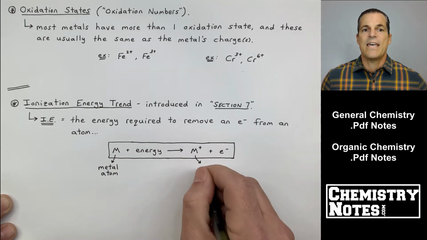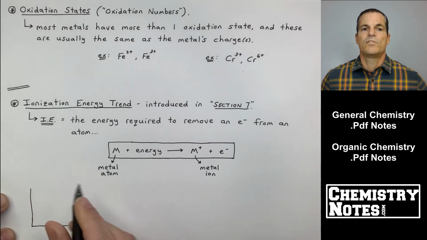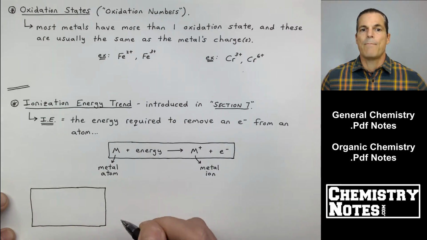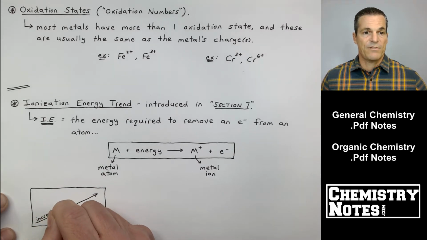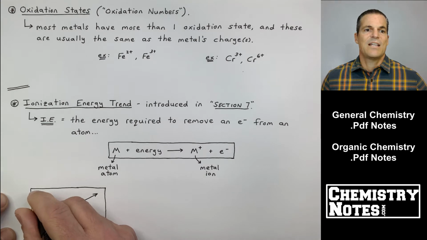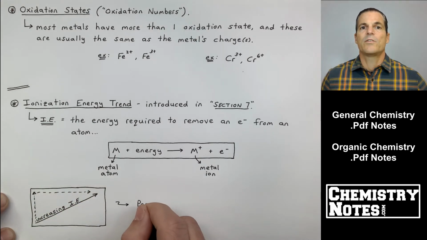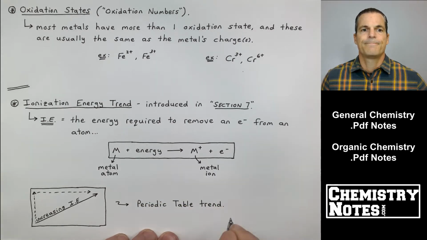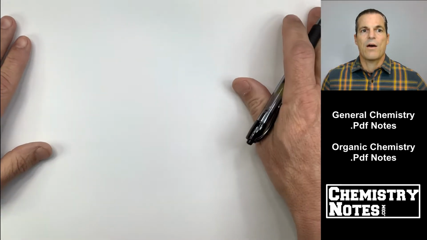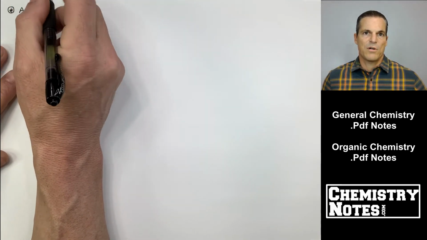In other words, my M metal atom plus energy, that energy is used to remove the electron, leaving me with a metal ion product. If this is my periodic table down here on the bottom left of this page of notes, then ionization energy increases up a group. It also increases left to right across the periodic table. Okay? And there's nothing new there. That's just the trend for how easy or how difficult it is to pluck off or remove an electron from a metal atom.